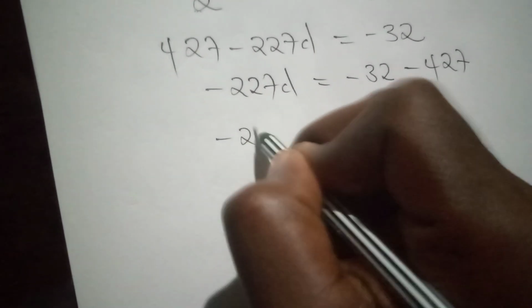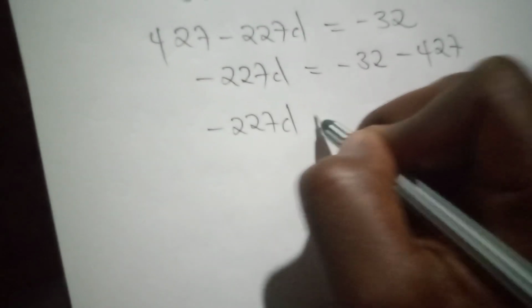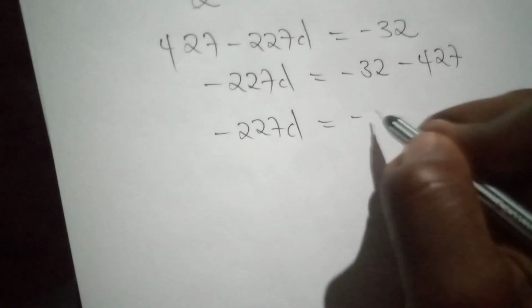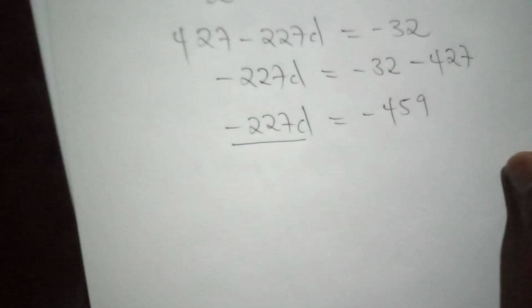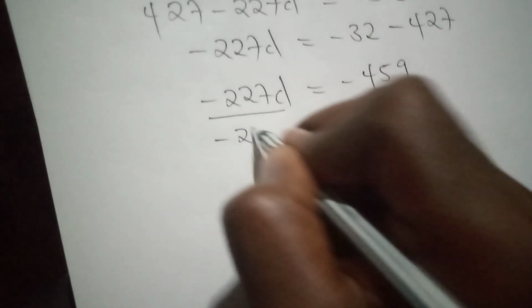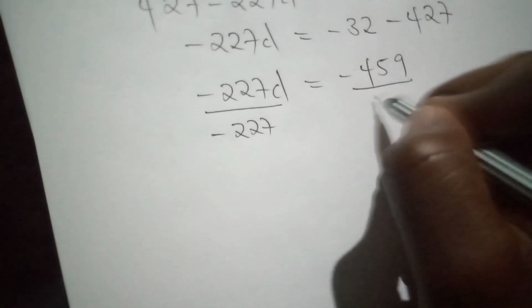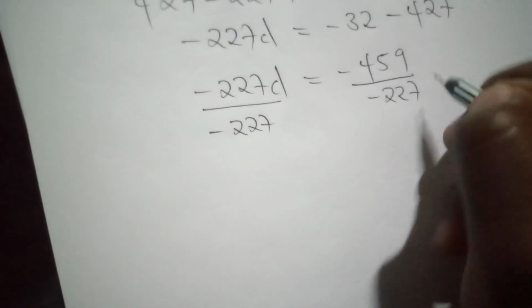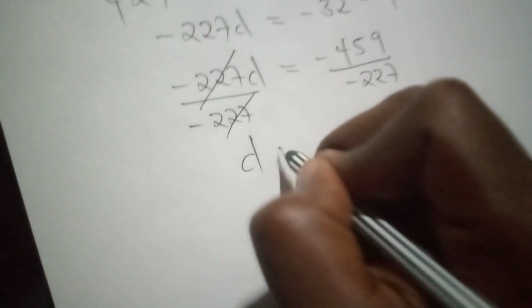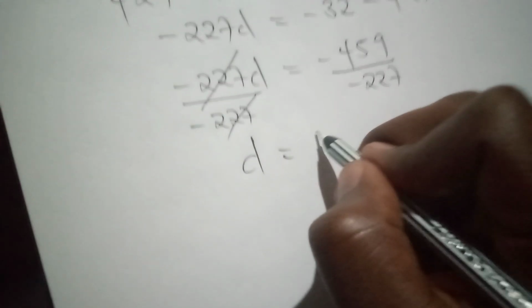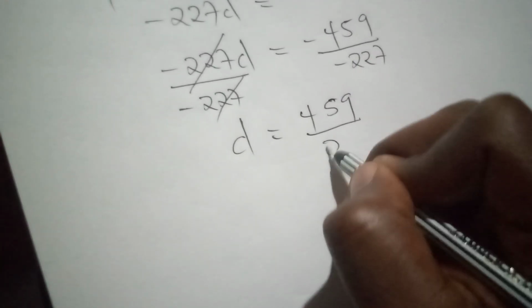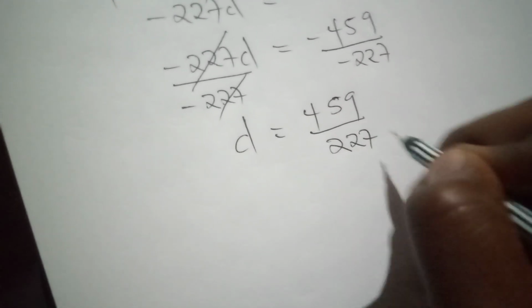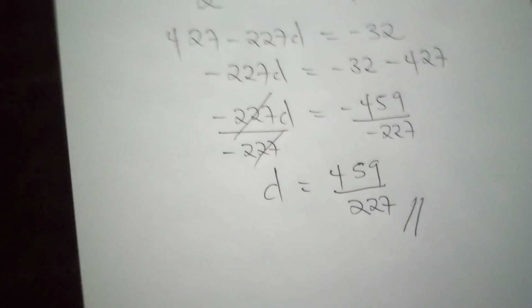There, negative 227d is equal to negative 459. Divide both sides by negative 227. So your common difference is 459 over 227. So this is your common difference.